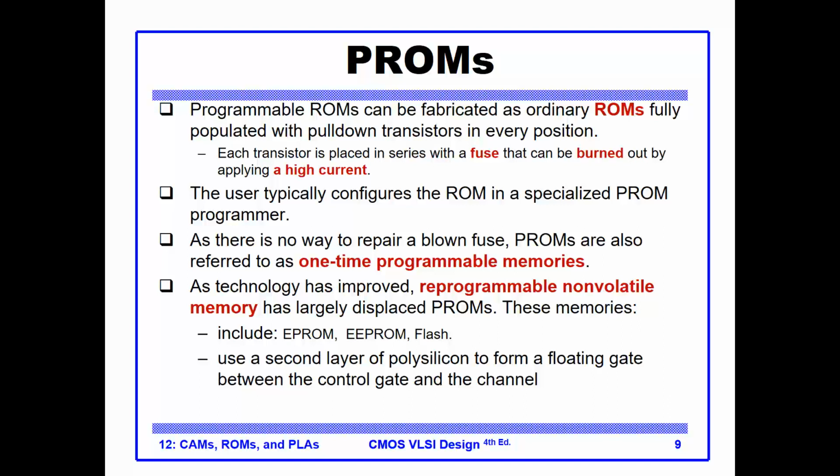Okay. Now, for programmable ROMs, the array can be populated with transistors, and then we add a fuse in series with every transistor. That is for the PROMs. And with these fuses, we can selectively blow some of them, or burn them, so that we isolate some of the transistors, meaning remove transistors to implement zeros.